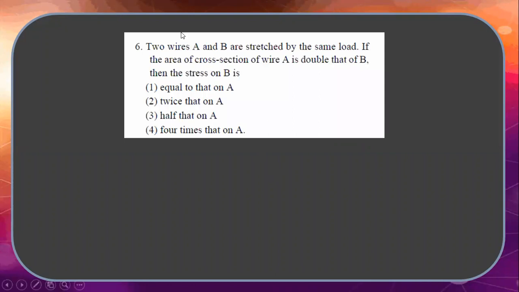Next, two wires A and B are stretched by the same load. If the area of cross section of A is double that of B, then the stress in B is.